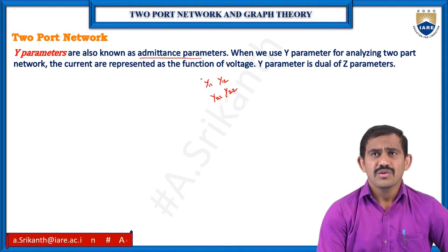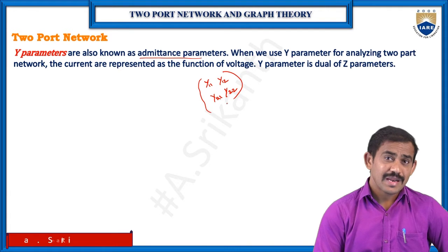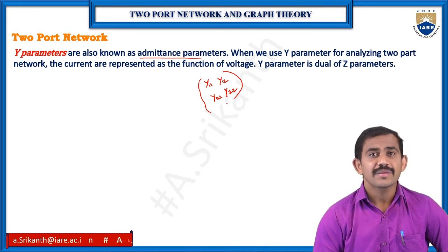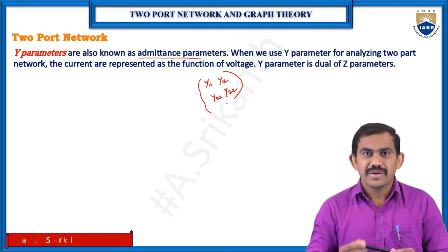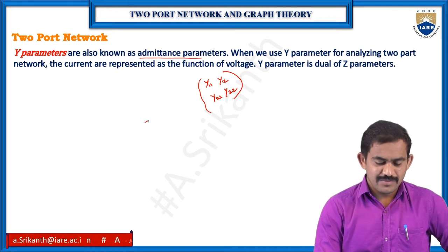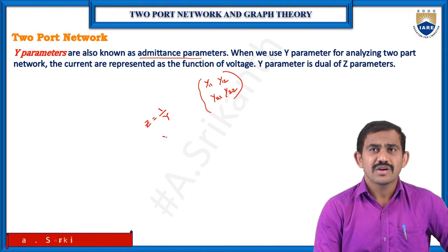So these are my Y parameter values. Y parameters are the reverse of impedance. So Z parameters are 1 by the admittance parameters, and otherwise, admittance parameters are 1 by the Z parameters.